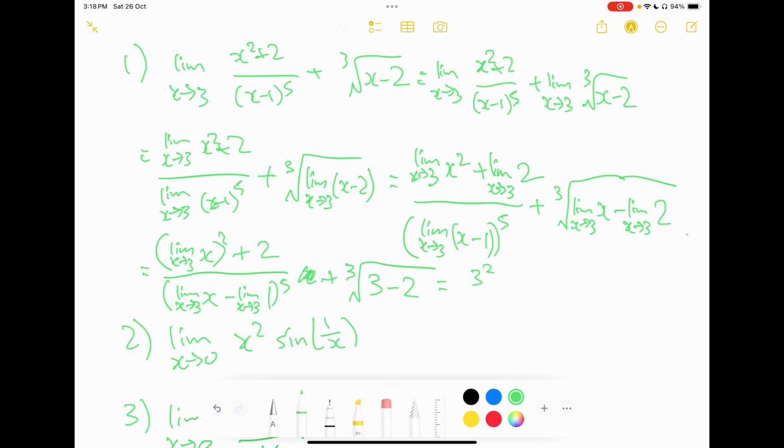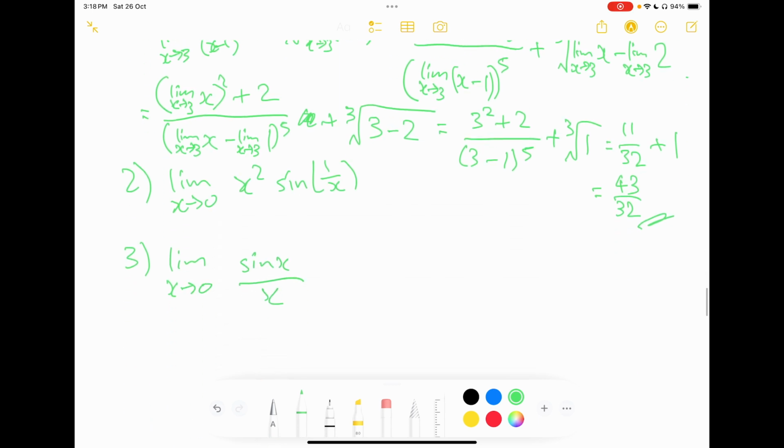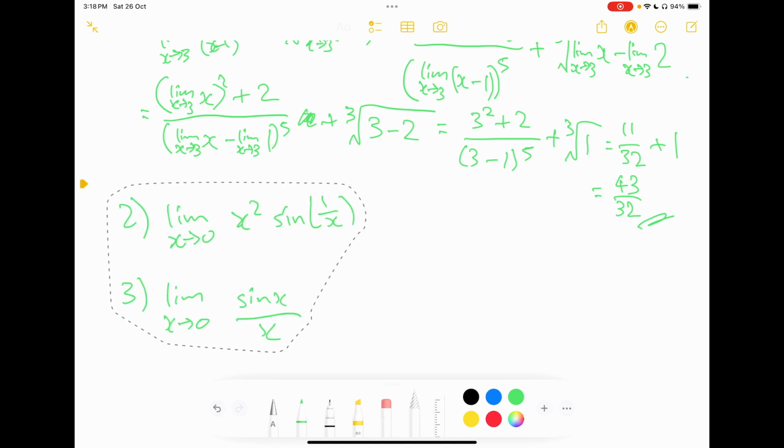That's obviously 3. 3 squared plus 2 divided by, again, 3 minus 1 to the power of 5 plus cube root of 1 gives you 11 divided by 32 plus 1, which is 43 divided by 32. All right, let me move this down a bit. In fact, let me move this one down a bit.